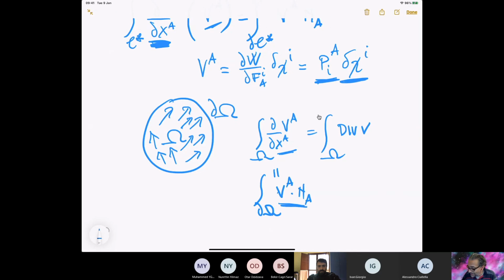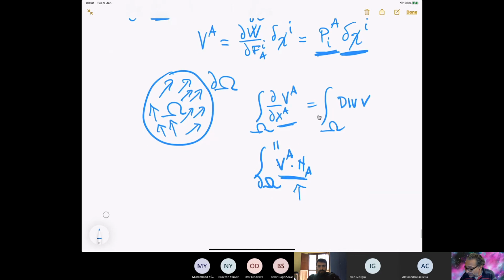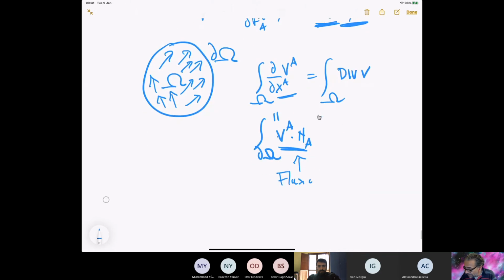This is the flux of V at the surface, the boundary of omega.